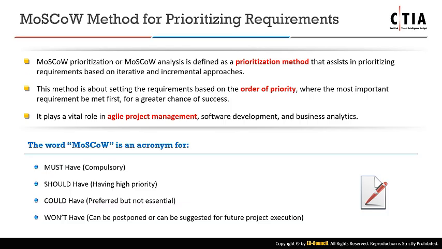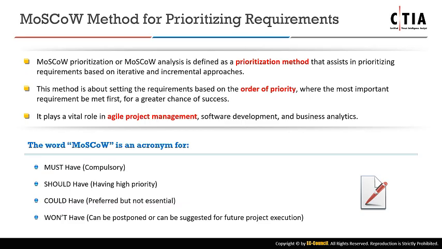Then we have should have. It's a high priority. Like for instance, you should have anti-malware, antivirus. It's a very high priority. Could have. I could have a complete endpoint solution that is automated and so on, but maybe there are financial exigencies that make that impossible or at least not convenient right now.